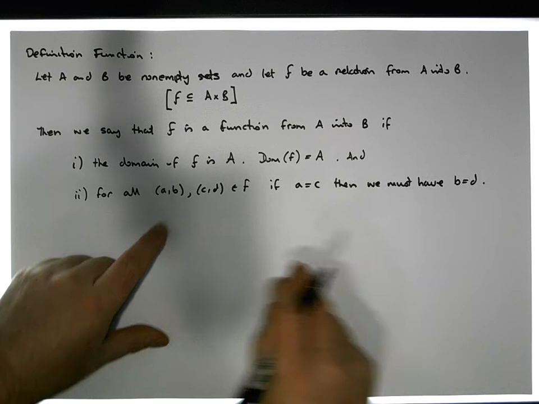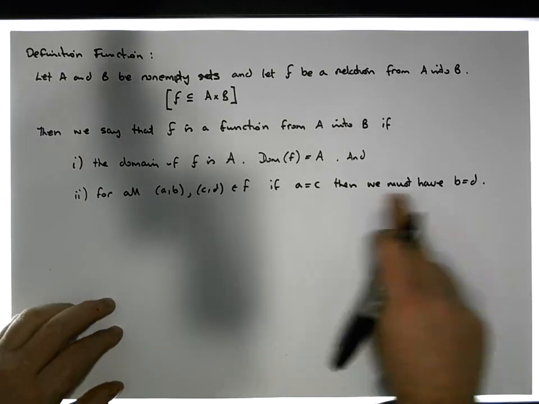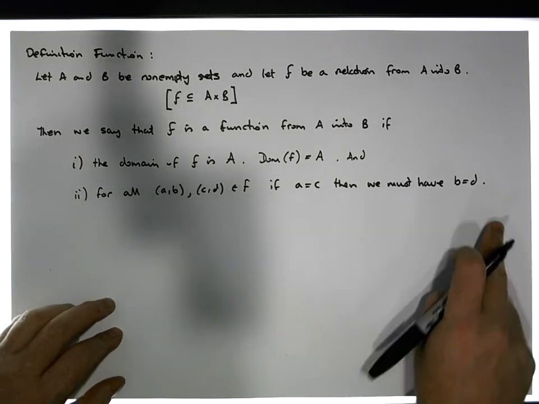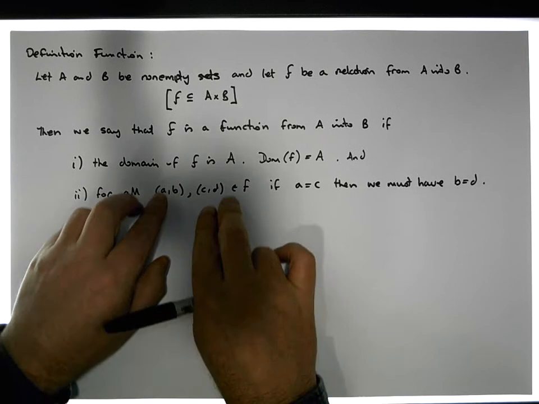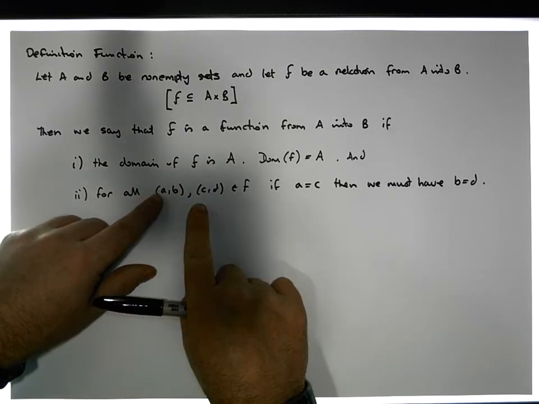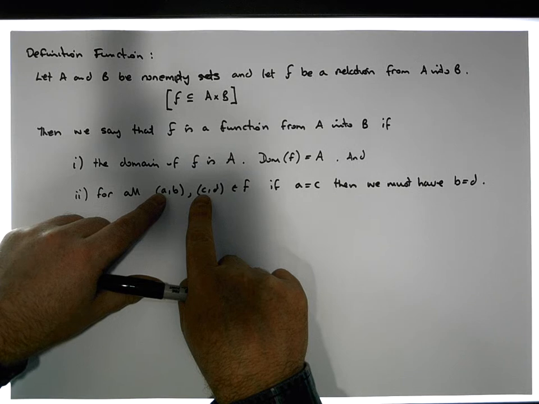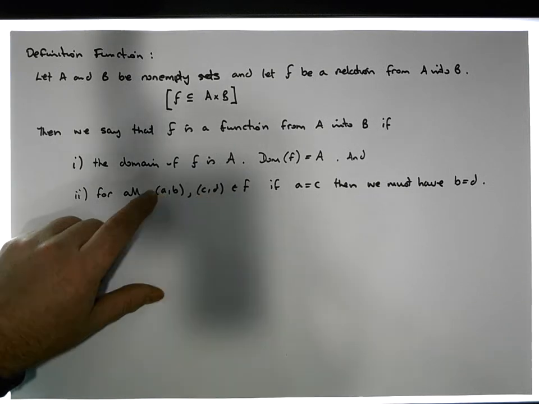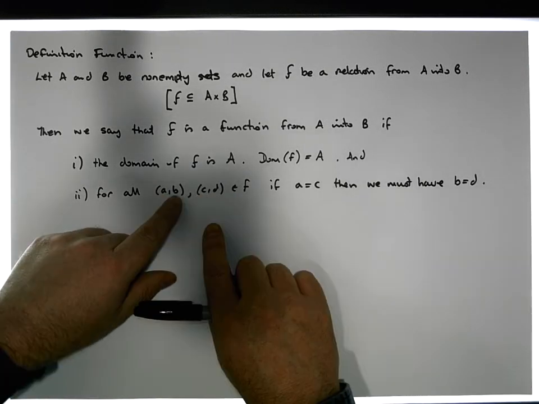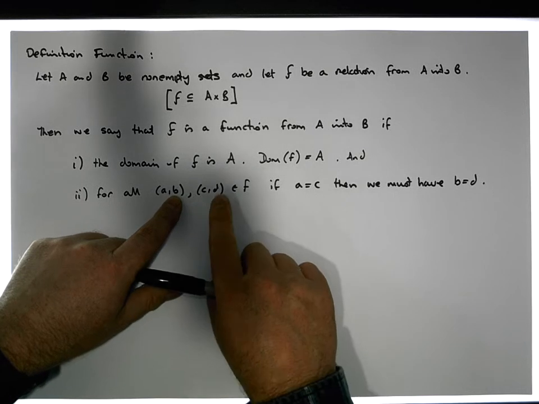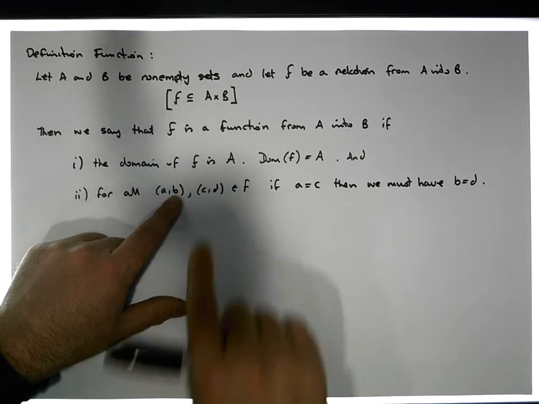We'll get to what this really means in a few moments. All it's saying is that if you have two ordered pairs where the first entry in the first ordered pair is the same as the first entry in the second ordered pair, then the second entry in the first ordered pair must be equal to the second entry in the second ordered pair.